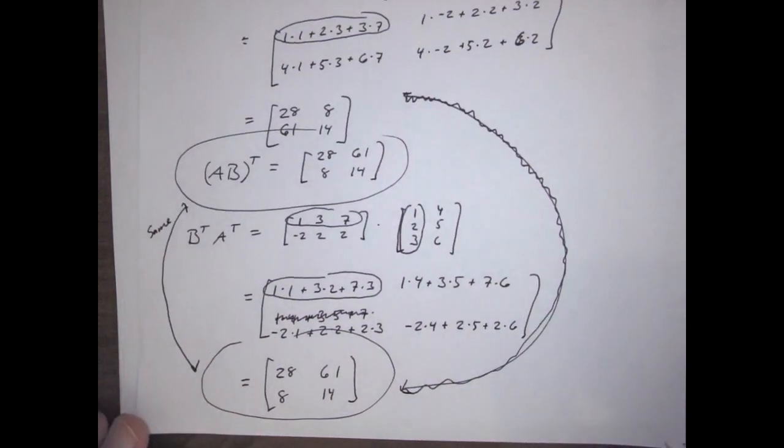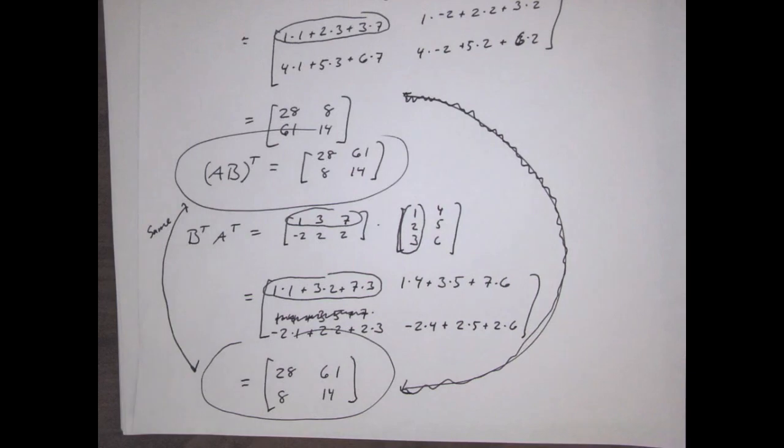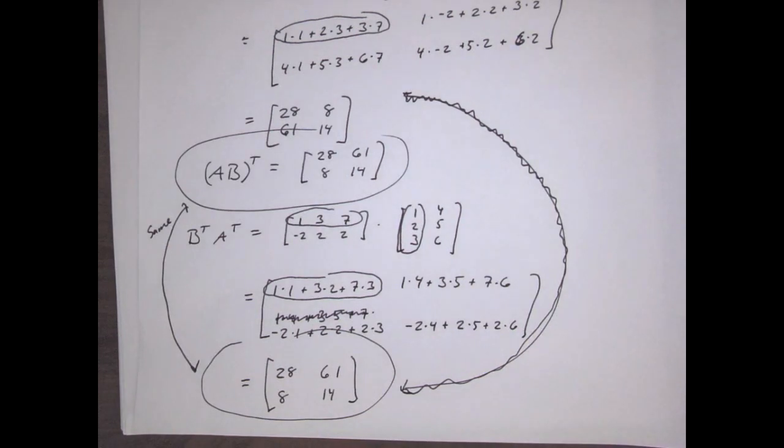And they match because they are the result of the same numbers times the same numbers, just in opposite orders, and the sums of those. And the fact that it got a little scrambled up is because it's the transpose of the result, which corresponds to the product of the transposes of the original matrices.